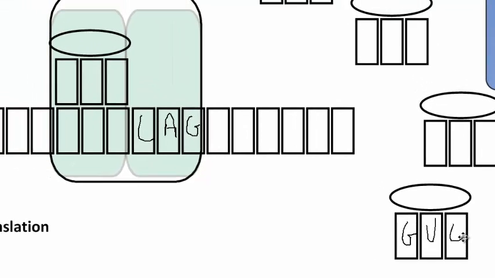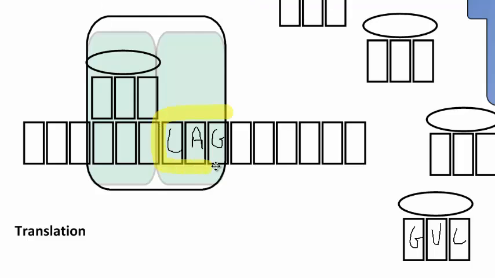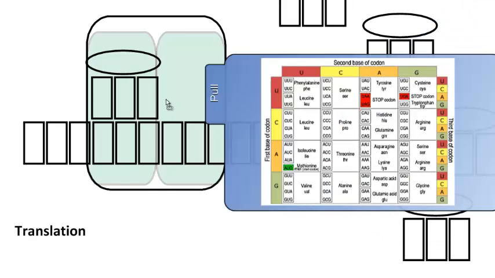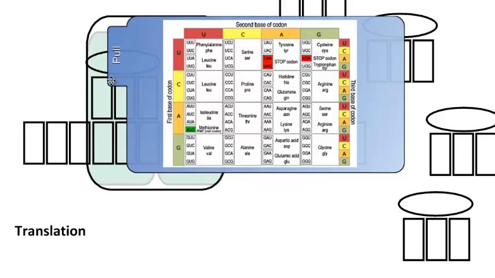We need to read the message down here, the CAG, to figure out what amino acid comes with GUC. So we're going to take a look at our chart real quick. Pull this down. We want to find GAC on our chart. It looks like GAC is right in here.